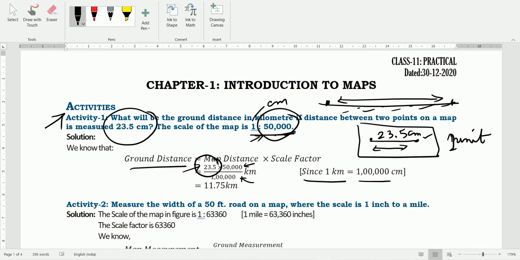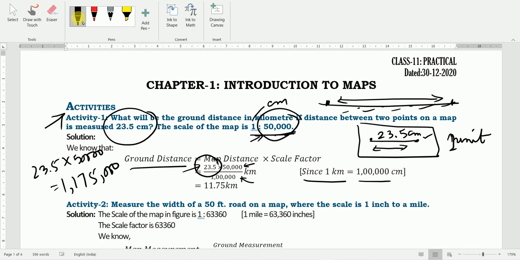So 23.5 is the map distance, and 50,000 is the scale factor. Then 23.5 into 50,000, what is the value here? 23.5 multiplied by 50,000 is equal to 1,175,000.